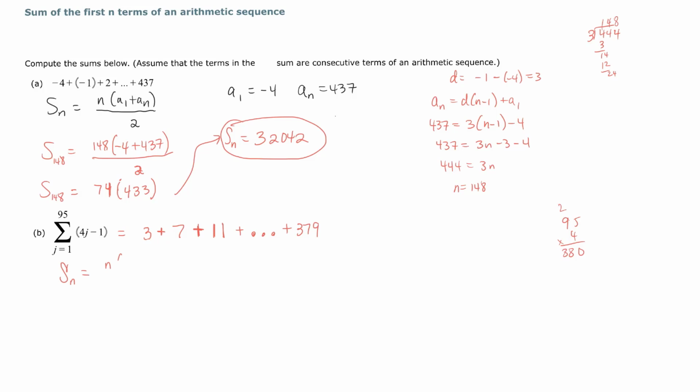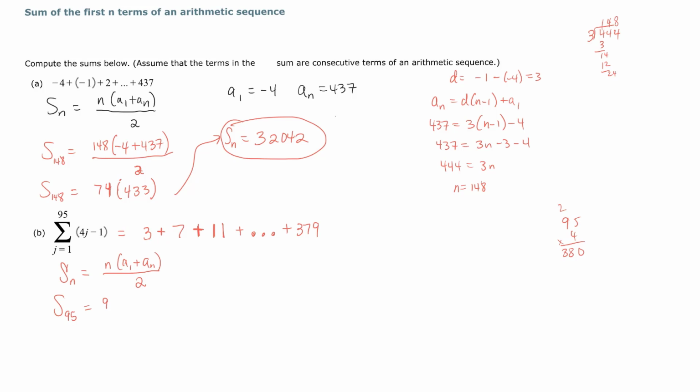We have n times a sub 1 plus a sub n, divided by 2. So it's the number of terms times the sum of the first and last term, and then divide by 2. What are we looking for? We're looking for S sub 95.